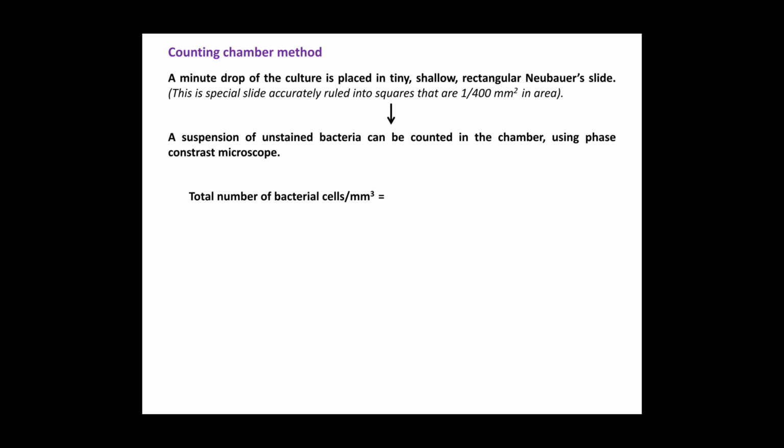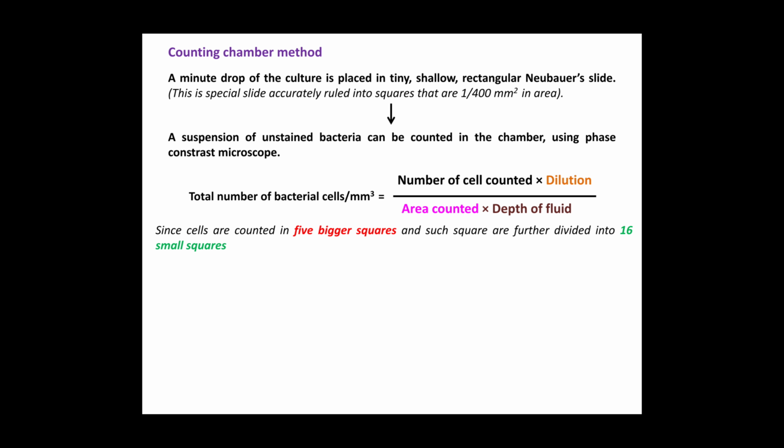Now the total number of bacterial cells per mm cube can be calculated as the number of cells counted multiplied by dilution, divided by area counted multiplied by depth of fluid. Since cells are counted in 5 bigger squares, these 5 bigger squares are from the Neubauer slide, and such squares are further divided into 16 small squares.